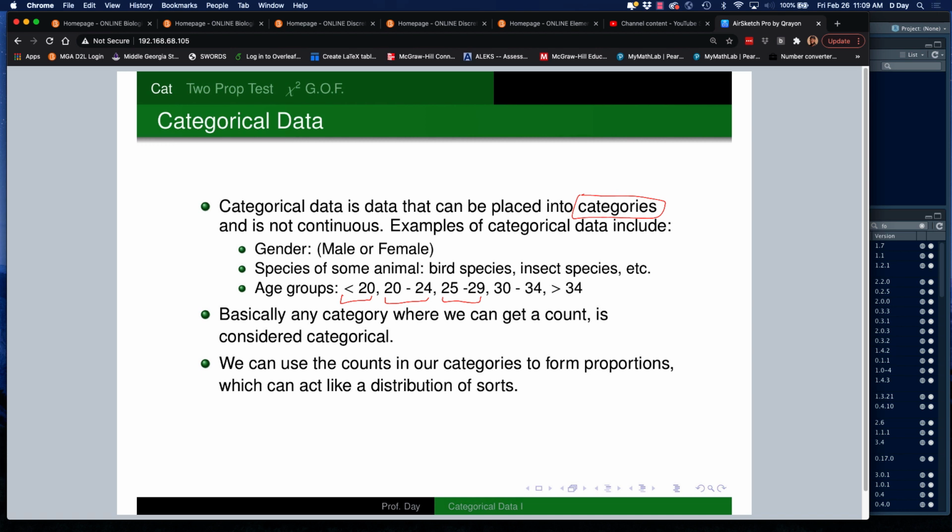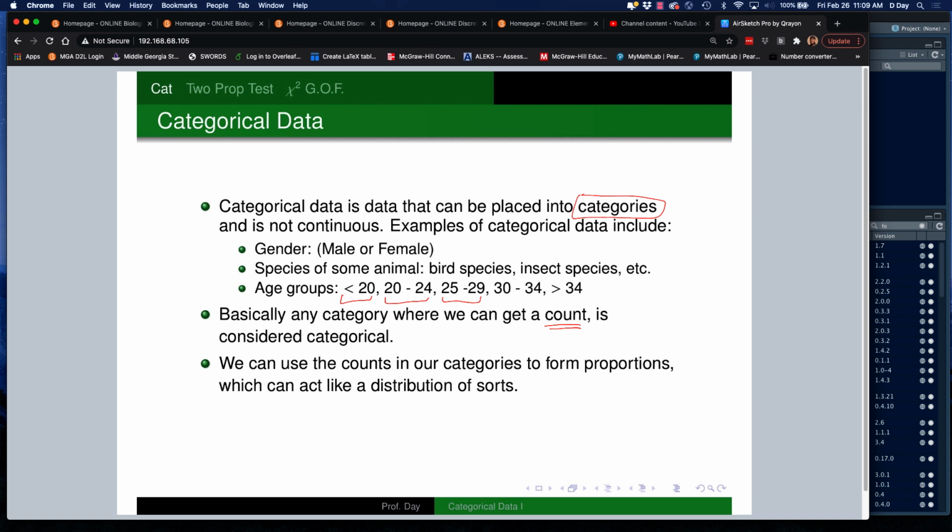So there's a lot of different ways we can categorize data. Categorical data, that is. So basically, any category where we can get a count of something is considered categorical, if you think about it that way.